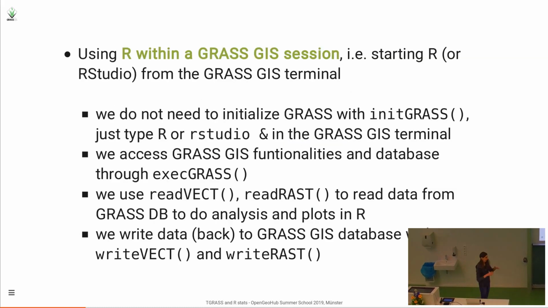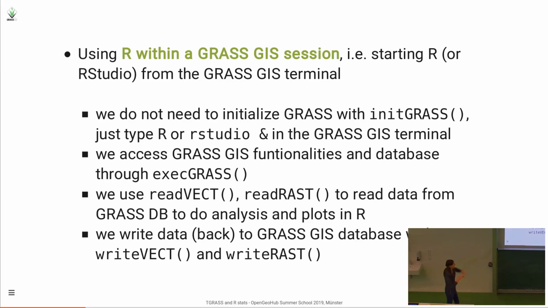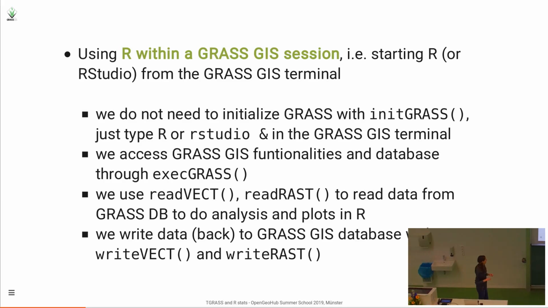Now, how is the procedure in each case? When we use R within a GRASS GIS session, meaning that we start R from the GRASS terminal, we do not need to use initGRASS. We just type R in the terminal or RStudio, and then we get the new software there.